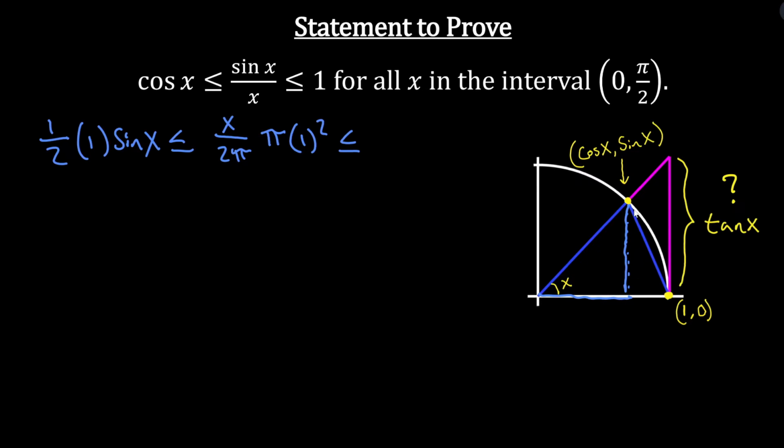Well, the height is the sine of x, and the base here is the cosine of x. So that ratio is sine of x divided by the cosine of x, and that equals the ratio of the height and the base of this other triangle because they're similar, which is question mark, and the base is just 1, right?